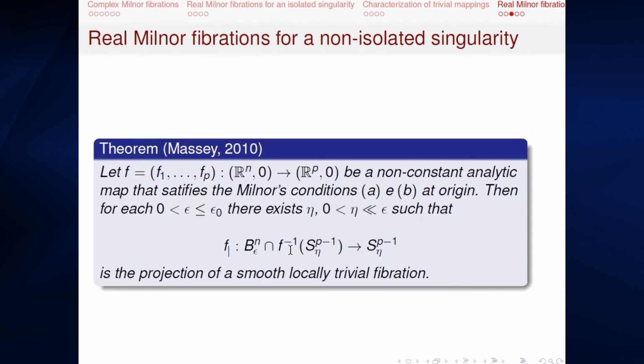In 2010, David Massey showed that if a non-constant analytic map satisfies Milnor conditions A and B, then there is a Milnor fibration associated to the map.